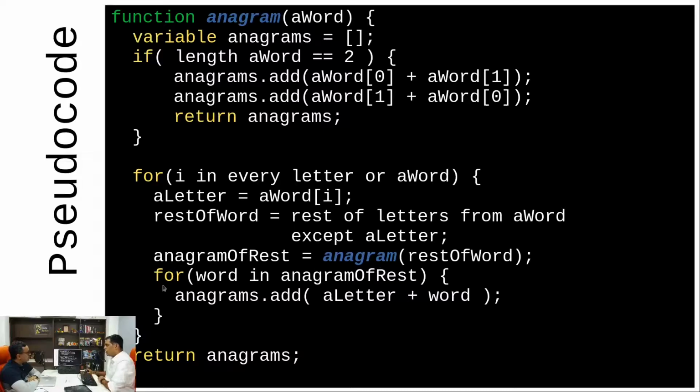Now, for every word that is returned in the anagram of rest, I take the first letter that I kept aside and add it back to the word. Word is every element in the anagram of rest. So if there is Ravi, you take R separately, run AVI through the same anagram function, which gives you all combinations of AVI. Exactly.